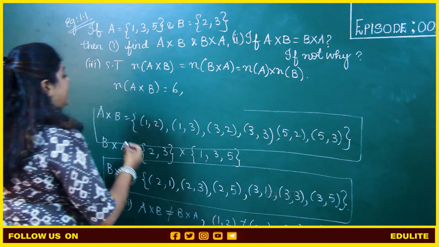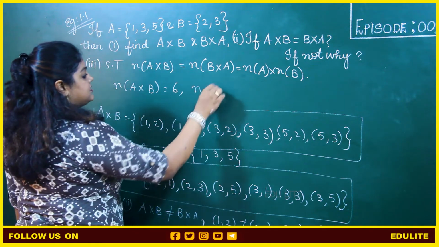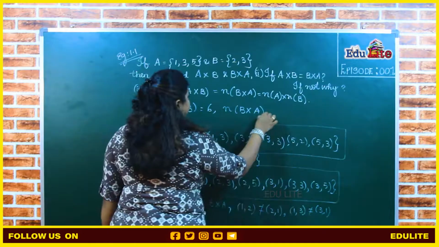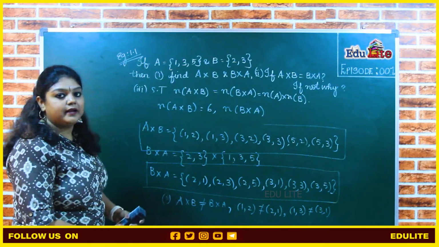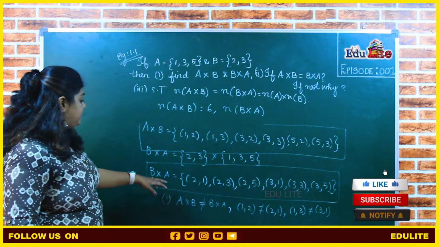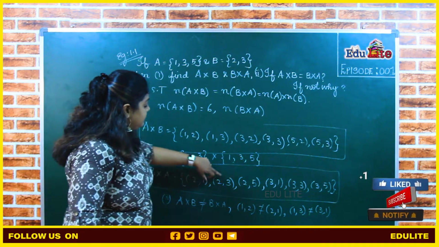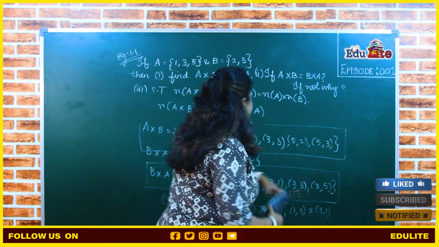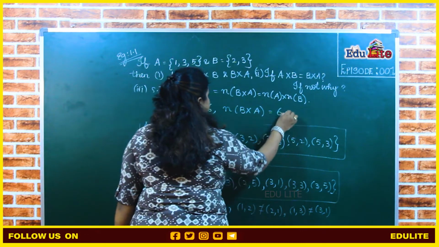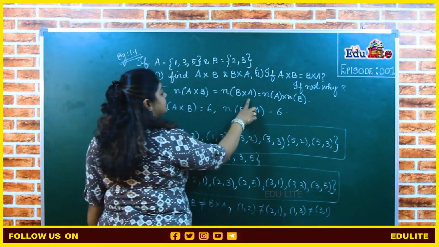Next we write the value of n of B cross A, which is the number of elements in B cross A. We count them: 1, 2, 3, 4, 5 and 6. So n of B cross A is 6. This is also 6.